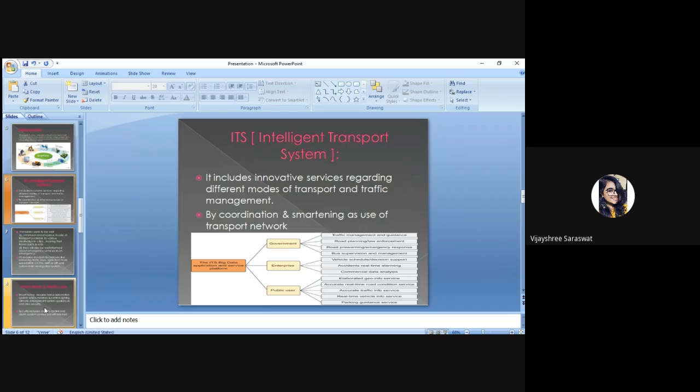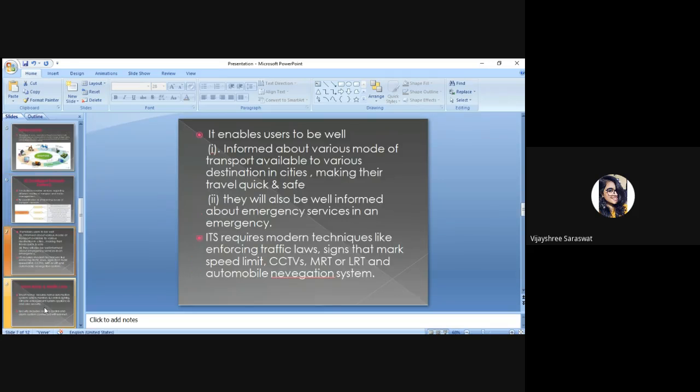Second is ITS, Intelligent Transport System. It includes innovative services regarding different modes of transport and traffic management, and coordination and smarter use of the transport network. It enables users to be well informed about various modes of transport available to various destinations in cities, making their travel quick and safe.